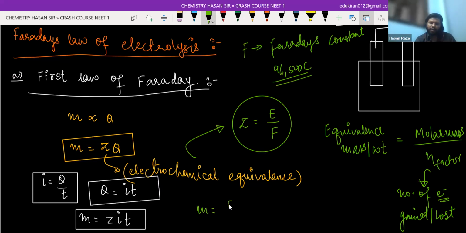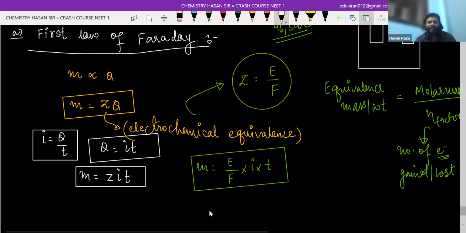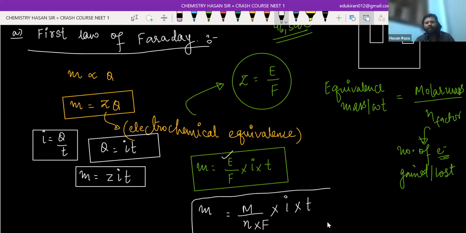So we can again modify this formula: M is equal to E by F into I into T. Since we know E is equivalent weight, mass will be equal to capital M, representing molar mass, upon N, where N is the N factor, that is the number of electrons gained or lost, and F is Faraday's constant, and I into T. So basically all these formulas are very easy if you know the basic formula.